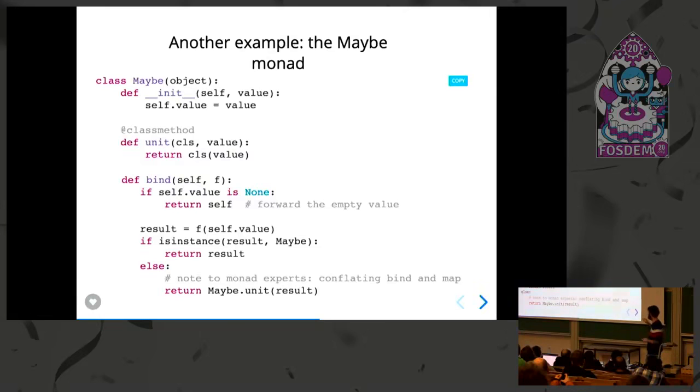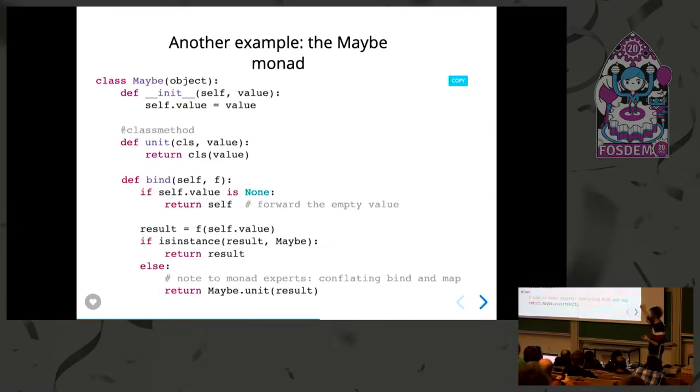On the other hand, if the maybe monad is full, we can proceed with applying the f function. So we apply it to the self.value attribute. Here there is a small distinction to make, depending on whether f returns a maybe value or a plain value.